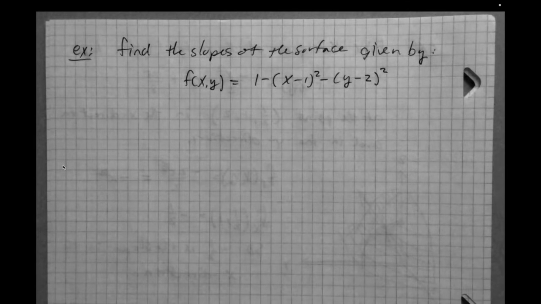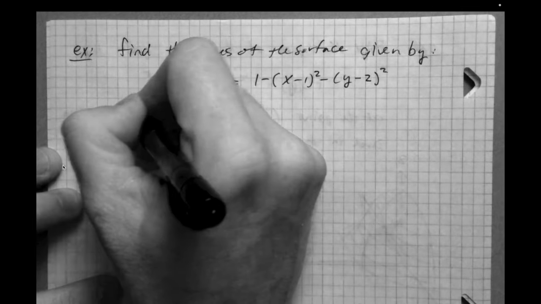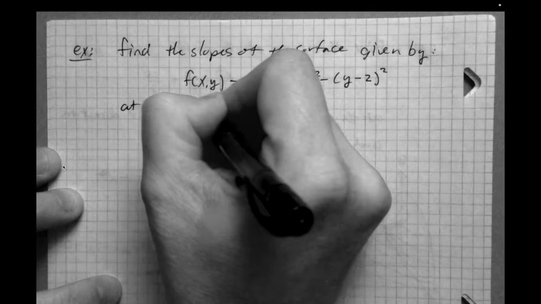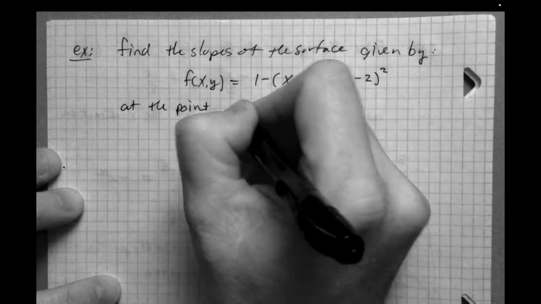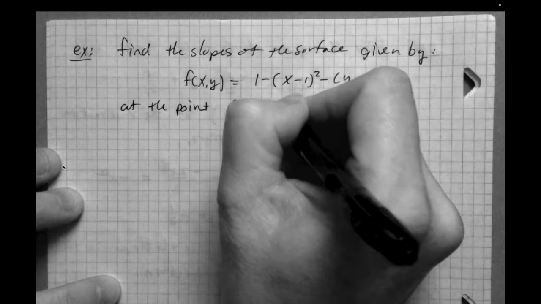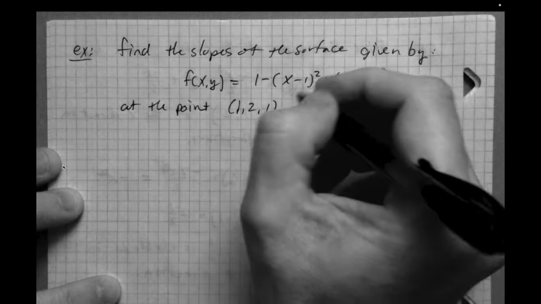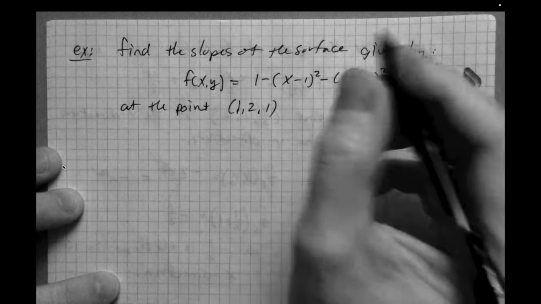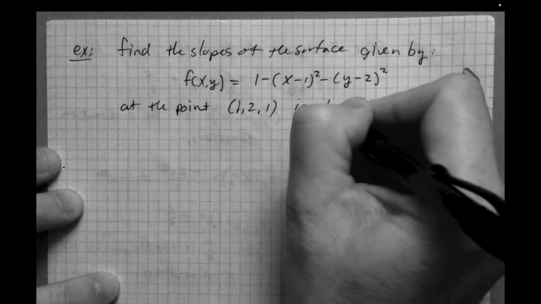Find the slopes of the surface given by this function at the point (1, 2, 1). We want to specifically find the slopes in the x direction and in the y direction.